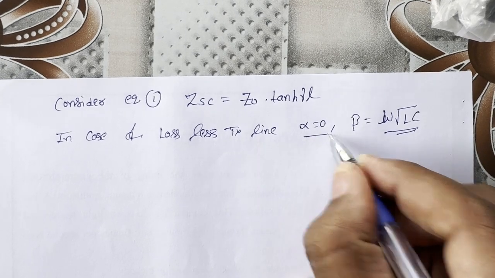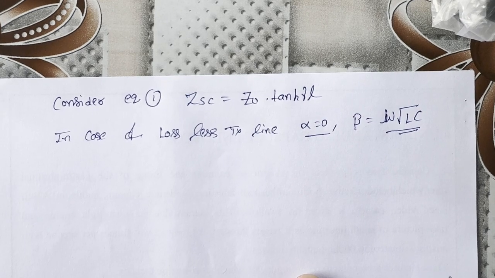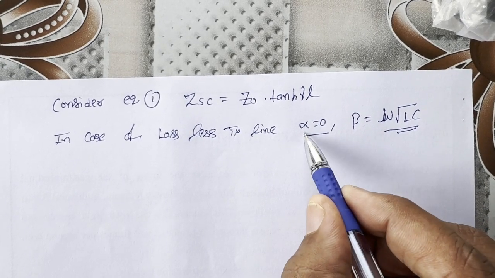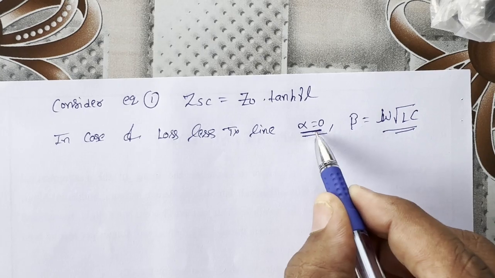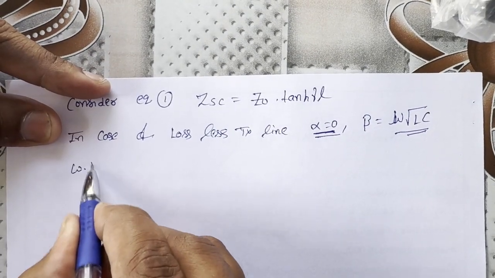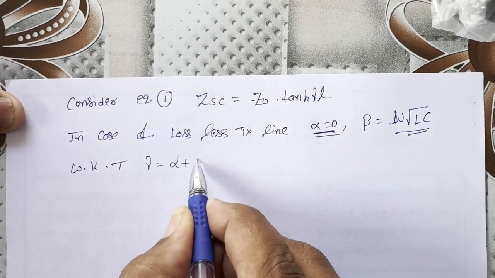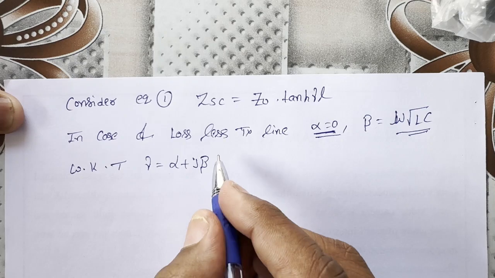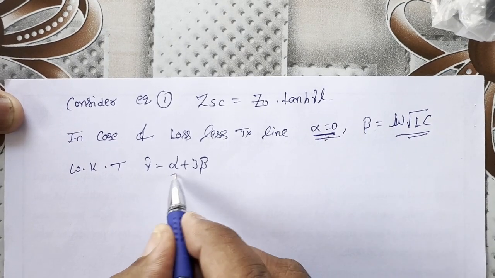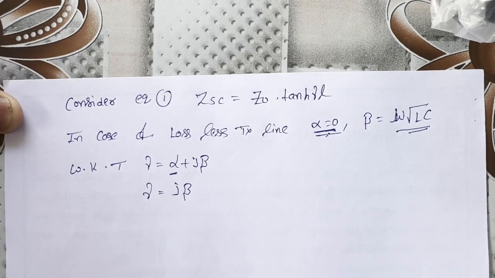Those are the two expressions we have derived in case of a lossless transmission line. Here we need only alpha equal to 0. We know that gamma equal to alpha plus j beta. Here the value of alpha is 0, so I am writing gamma equal to j beta.